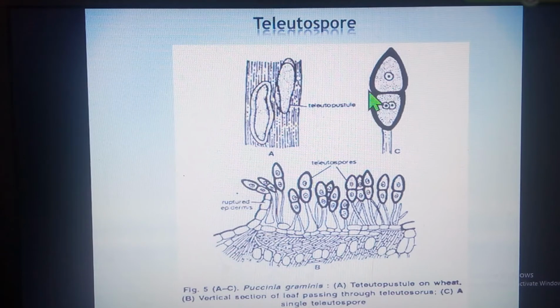You can see here at this part where the septation is present, it is slightly constricted at the septum.